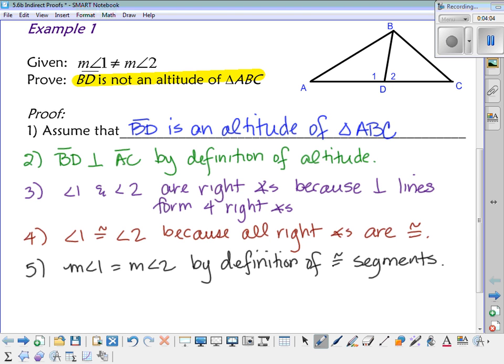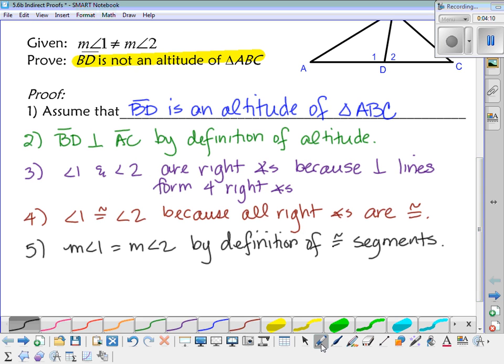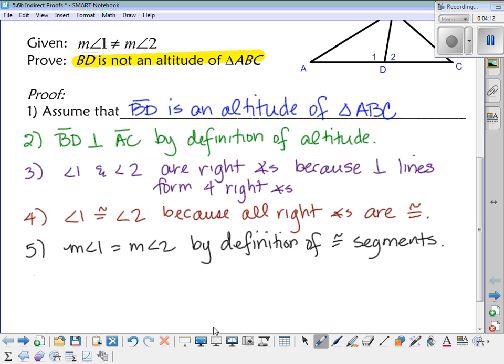But I can see in my given information, I was told that the measure of angle 1 does not equal the measure of angle 2. So that means I've got a contradiction now. This contradicts the given information.